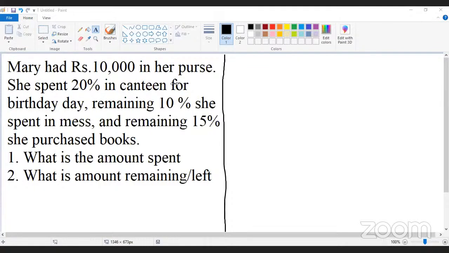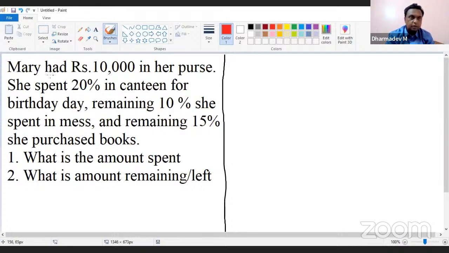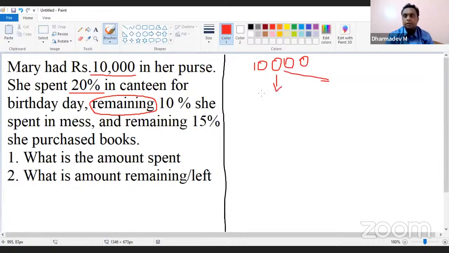Okay. So when you have the word remaining, how would you do it? The first one: Mary had 10,000 rupees in her purse. She spent 20% in the canteen for a birthday, remaining. Can anyone tell me step by step? She had 10,000 and spent 20%. What is 20%? 2,000.